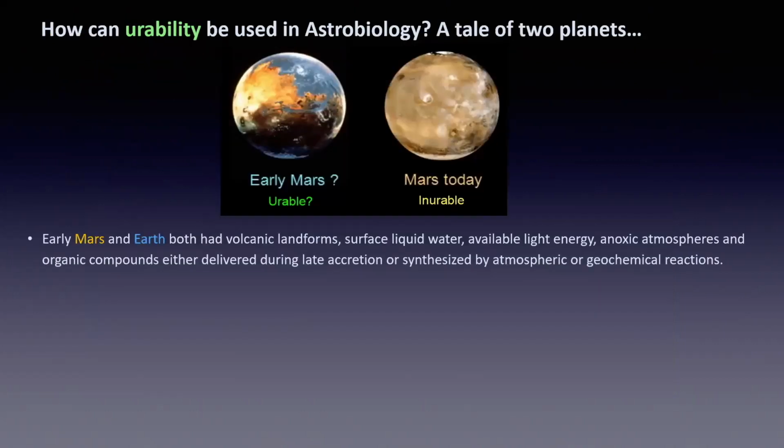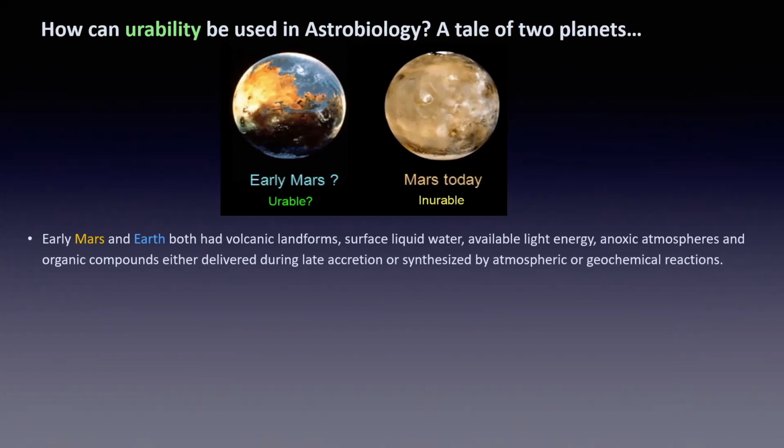So we give you now an example of errability in a real planet. Early Mars was errable. There was water. There was very likely to be organic compounds raining down from extraterrestrial dust and meteorites and maybe even some comets. There's light energy from the sun.